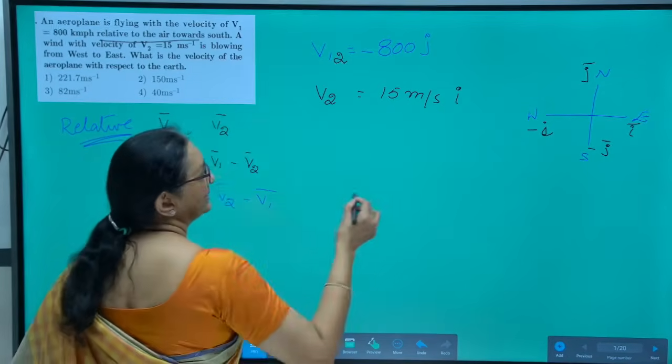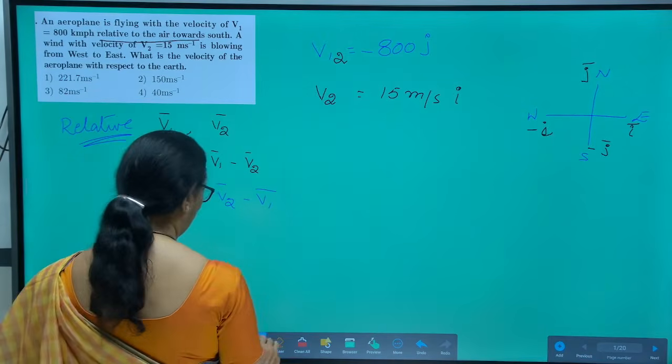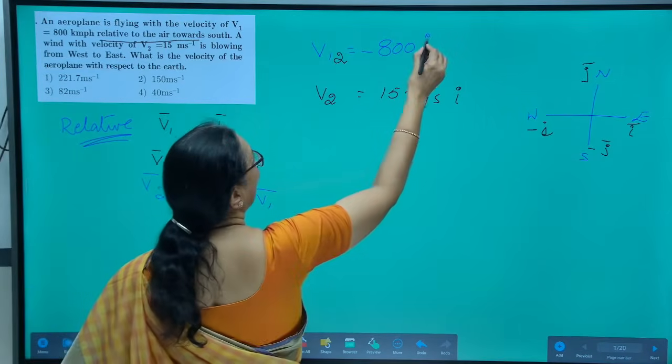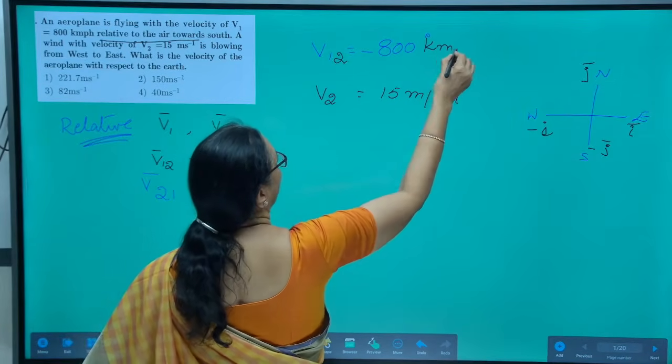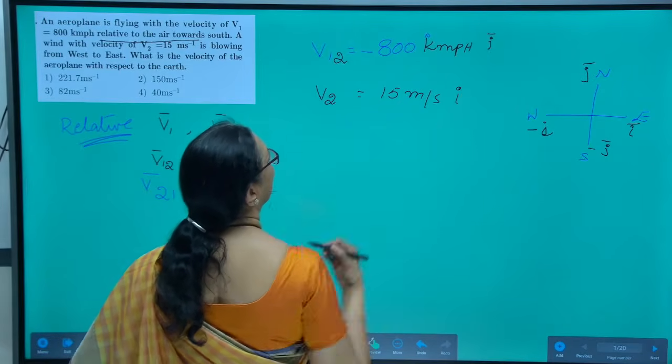West to east means in this direction, so that is i bar. See here, this is given as 800 kmph minus j bar, right?